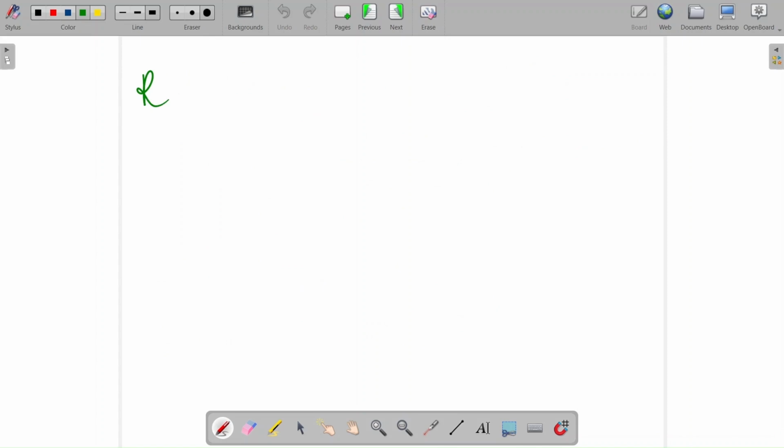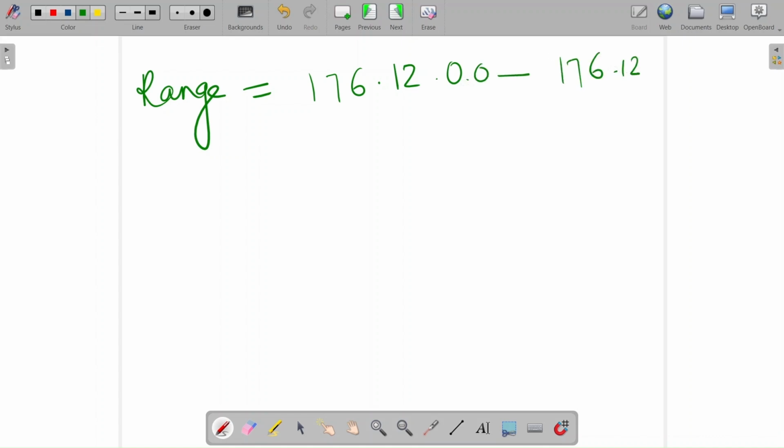Next, we're going to find out the range of these IP subnets. So our question was initially 176.12.0.0. It ranges to 176.12.0.255.